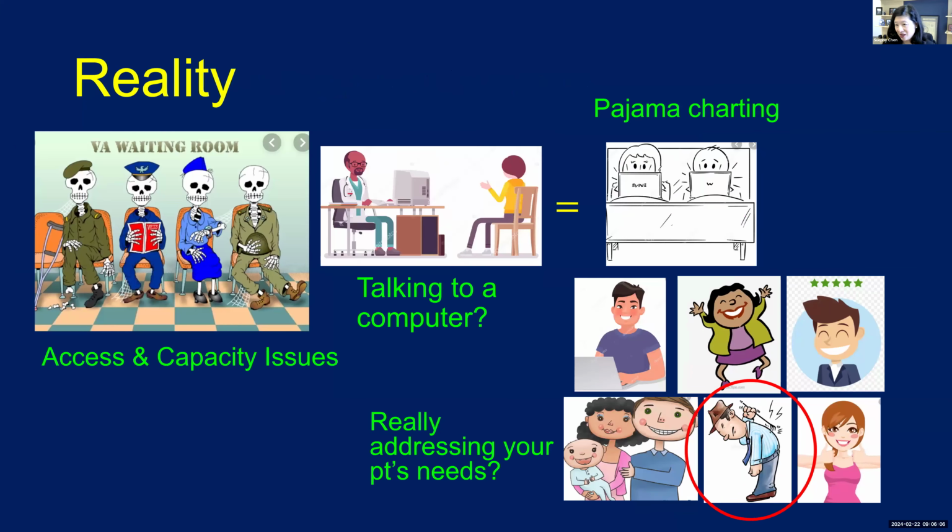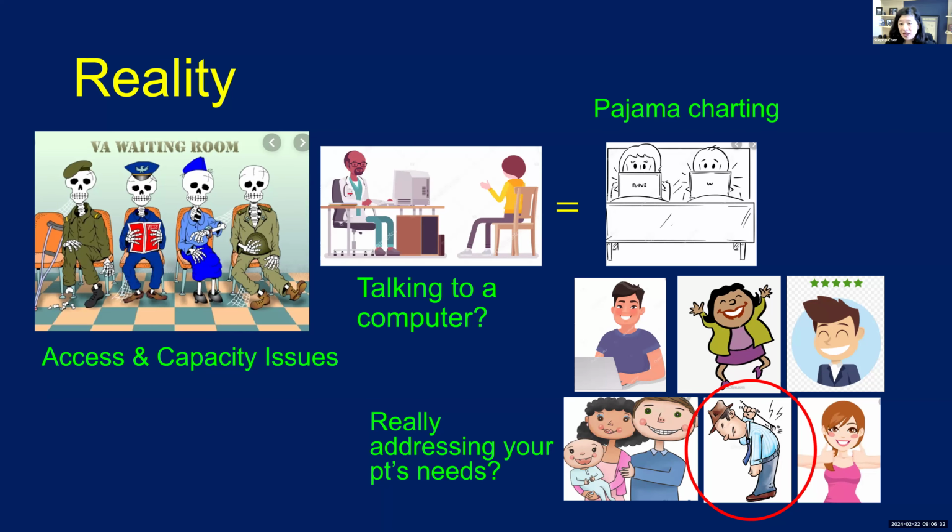But as you know, it isn't the way that things work. Oftentimes there's quite a long time to even get into the clinic. And then we pack them in with all our overbooks, and so they're waiting in our waiting room for a long time. And then there is this thing called Epic in our institution, and so there's a computer in every room. Sometimes the patients are complaining, feeling like they're talking to a computer as opposed to talking to their doctor.